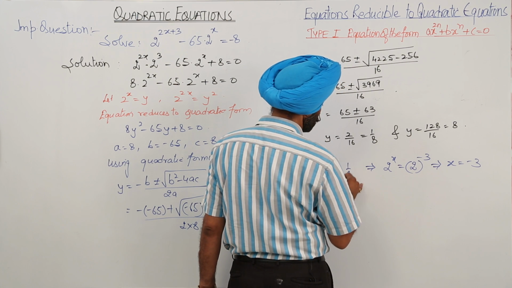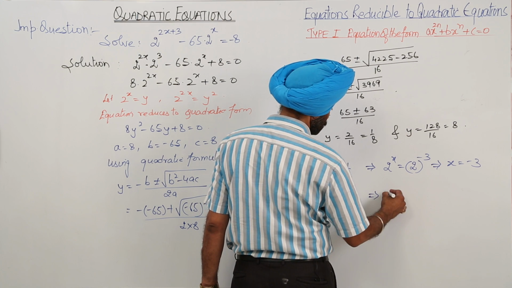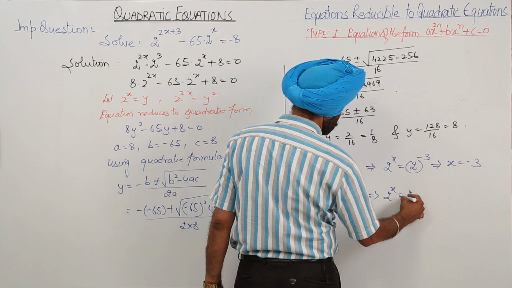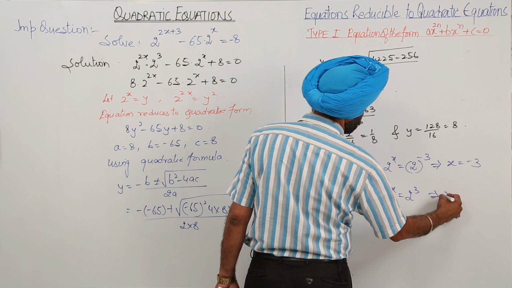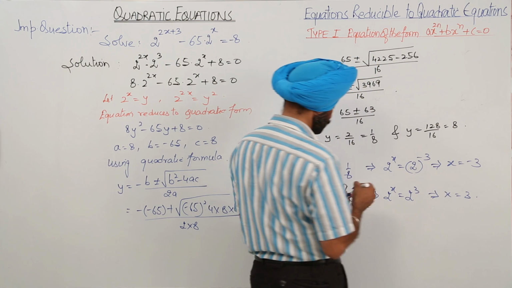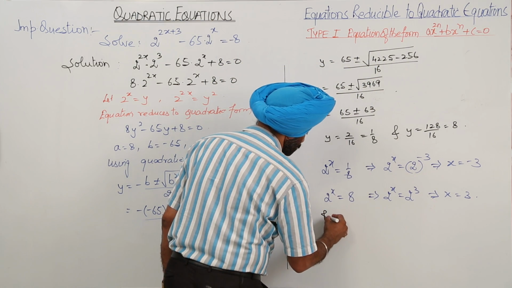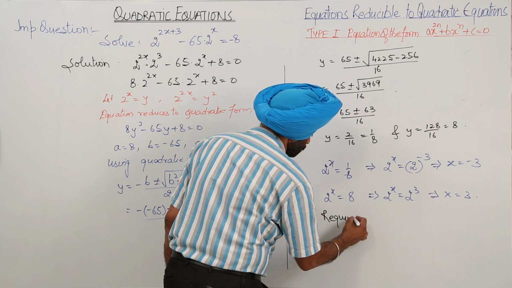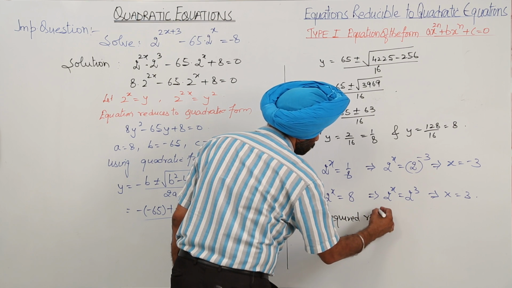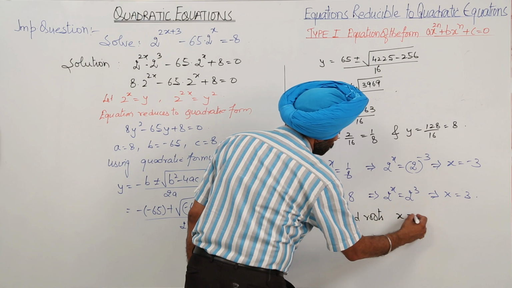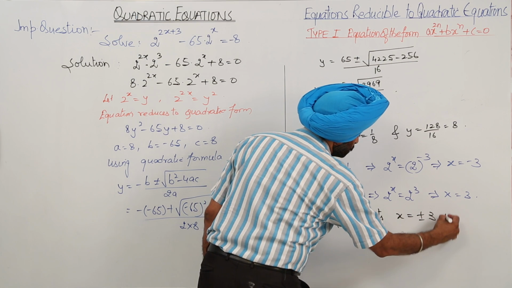And here 2 raised to power x is 8, so x is equal to 3. Required roots: x is equal to plus minus 3. That is the answer.